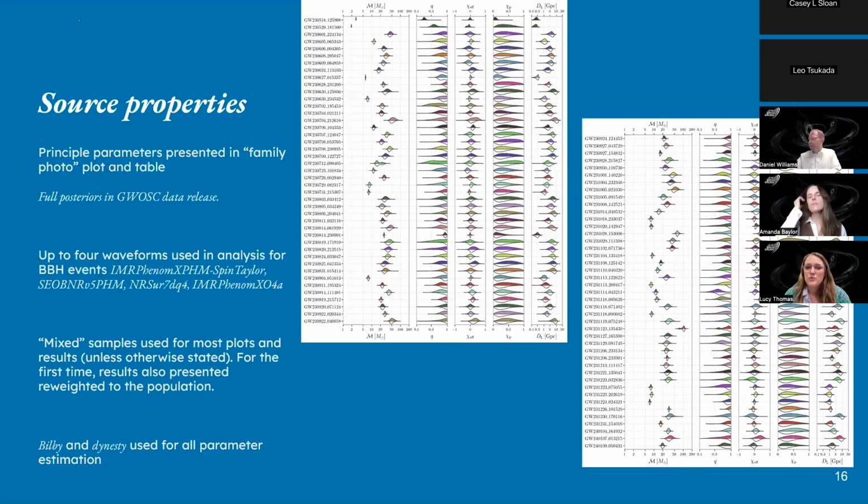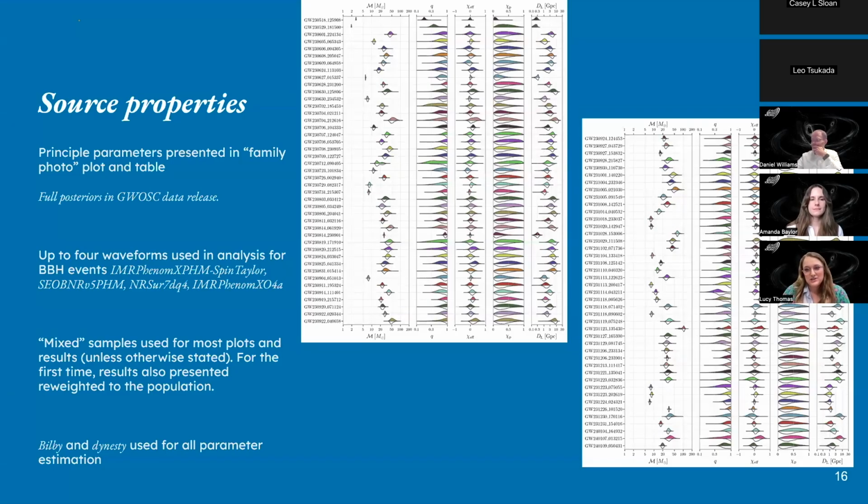There were up to 4 waveforms used in the analysis for binary black hole events. These 4 waveform models are IMRPhenomXPHM, SpinTaylor, SEOBNRv5PHM, NRSur7dq4, and IMRPhenomXO4a. I should say that for every binary black hole event, the first 2 of these analyses were run.